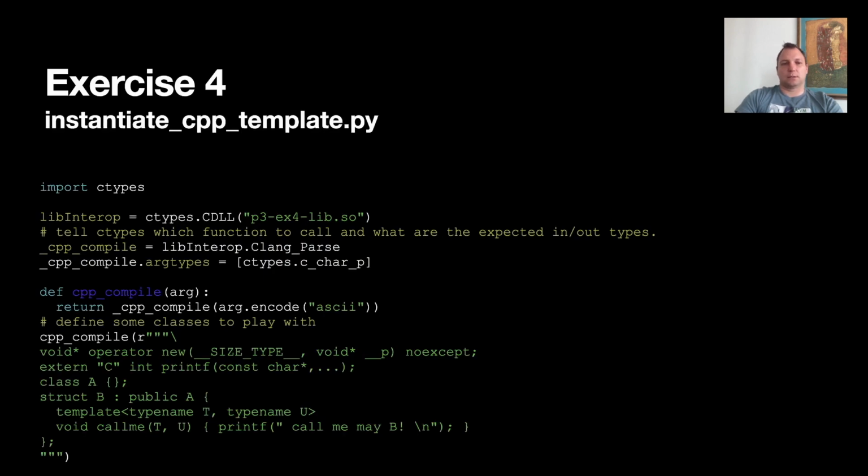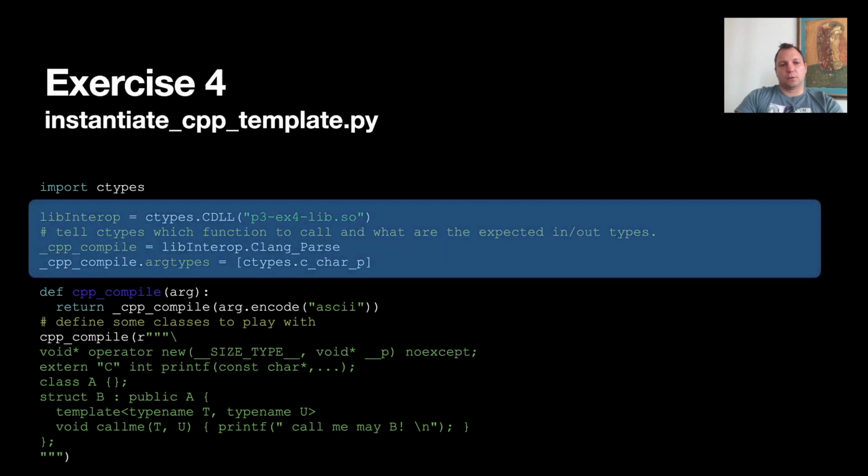So let's get started. Here we have the C types information that we generally offer. This code snippet would load this shared library as this lib interop. And then the C types would allow us to describe what the function signatures are.